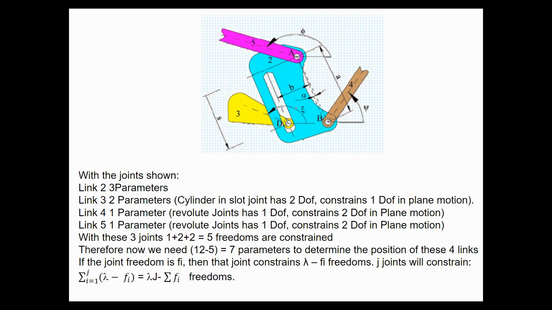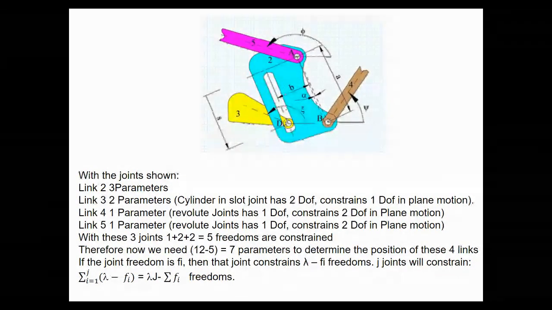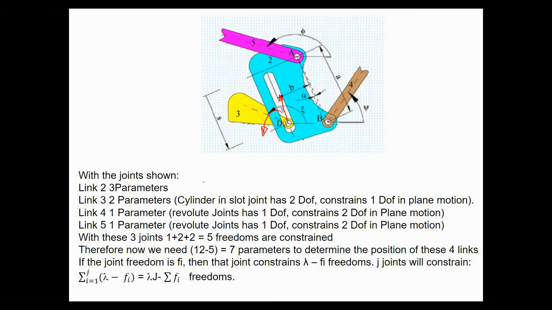Link 2 by itself still has 3 parameters to describe its motion. Link 3 is connected by a cylindrical joint in which it can move with respect to link 2 in this direction. It can also rotate with respect to link 2 in this direction. So it has still two more parameters.